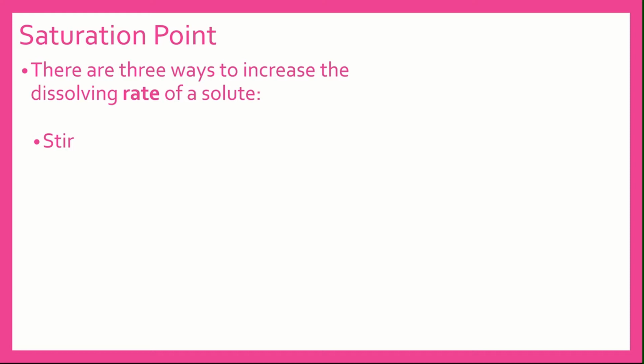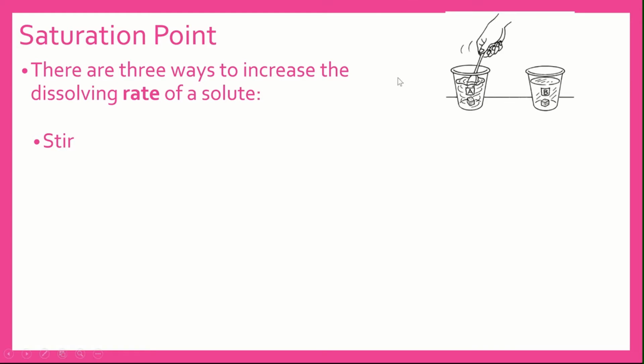I think we're all probably familiar that you take a spoon and stir the sugar into your coffee or tea. So stirring. We could also say just agitate. So shaking would be the same as stirring. If we put a sugar cube into a bottle of something, we would shake it up to speed up the dissolving of that solute.